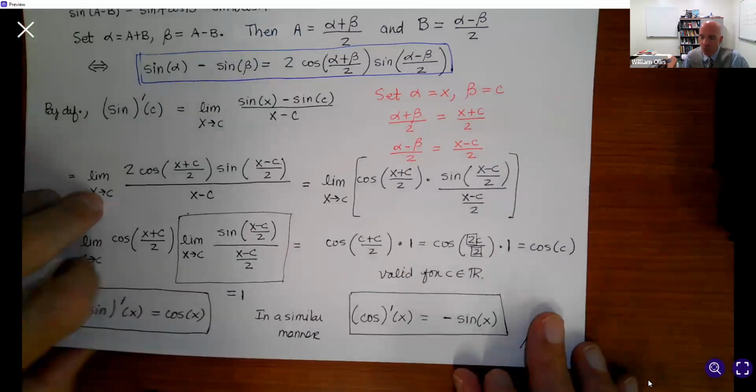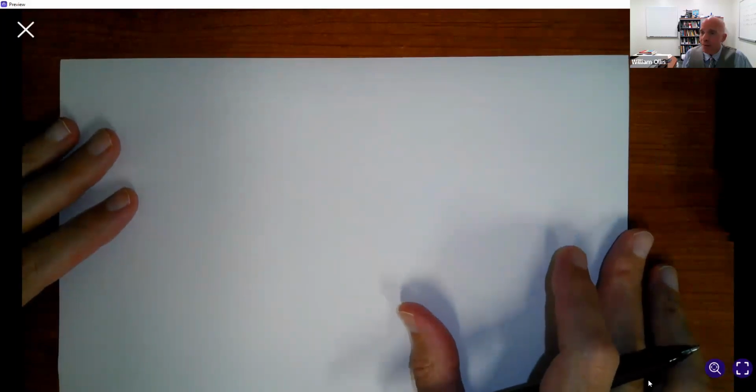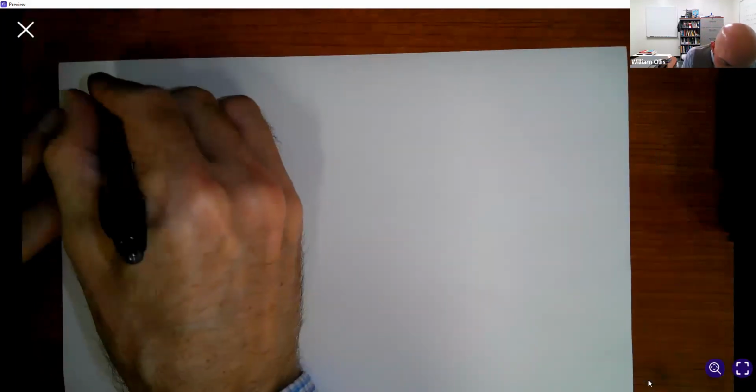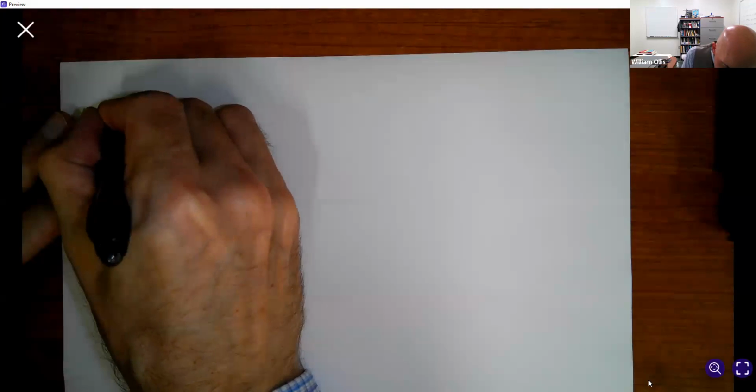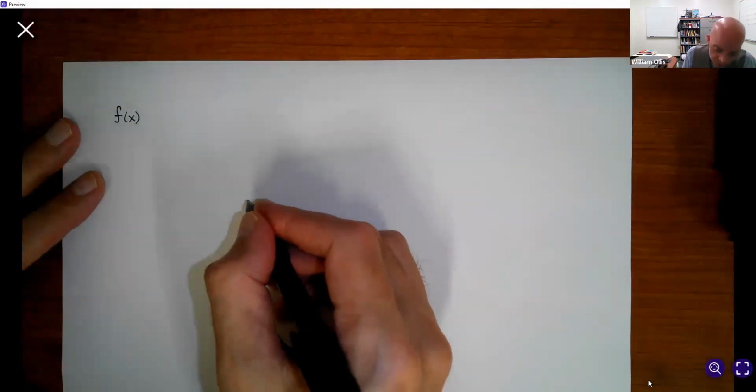Now, one thing I wanted to say in closing is this. Since the derivative of a function defines the slope of the tangent line where it's defined, that gives us an algebraic method. So for instance, here's an example that I often use in my pre-calculus classes when I'm trying to show them how to do difference quotients.